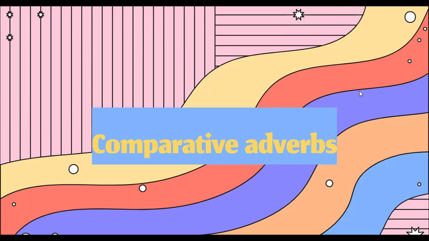Adverbs, on the other hand, qualify actions. They tell us how actions happen. I can say, okay, my brother runs quickly and I run slowly. So I'm using the adverb quickly to say how fast my brother can run, and in my case, run slowly.